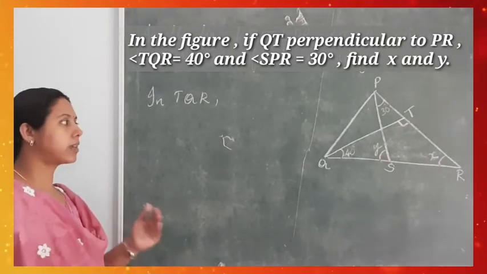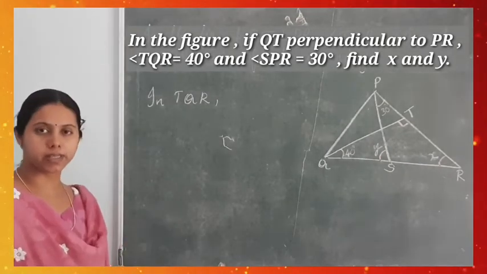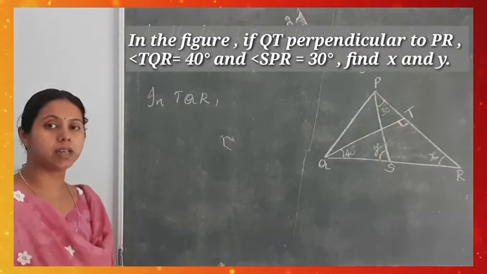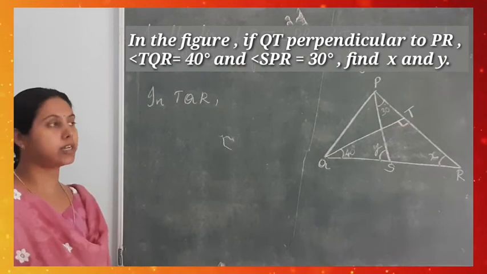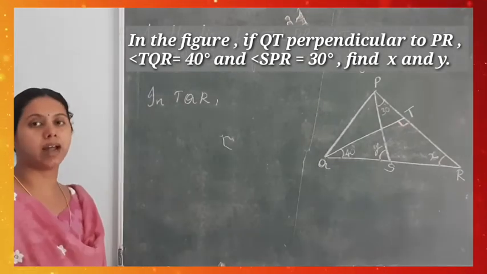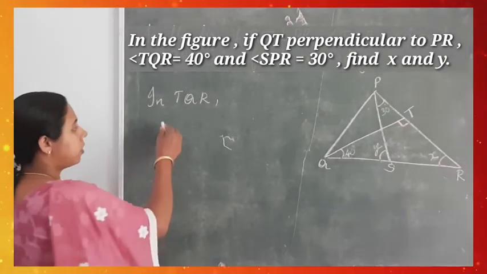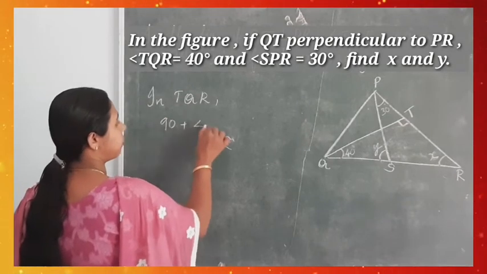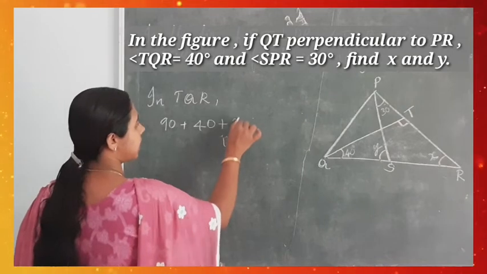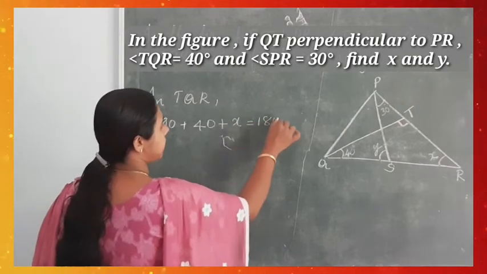Very easily you can find it using theorem 6.7. We know theorem 6.7 is the angle sum property: the sum of all angles of a triangle is 180 degrees. Two angles are given, so we are able to find the third angle. We can write here 90 degrees plus 40 degrees plus x equal to 180 degrees.